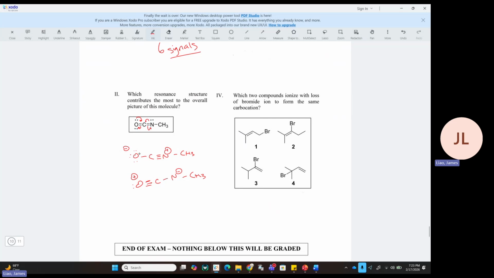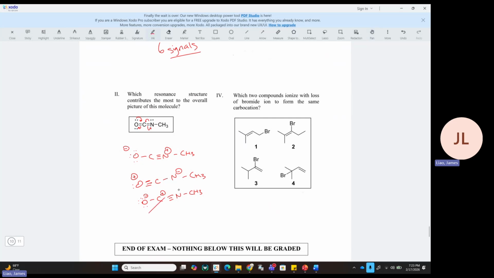And then let me see what other ones they have posted. I can do them as individual structures, so I can have O minus, C plus, N, CH3. But again, our overall goal is to make sure these two rules are fulfilled for the major contributors: the octet rule, and then, if the octet rule is tied, which formal charge is better suited for these atoms.